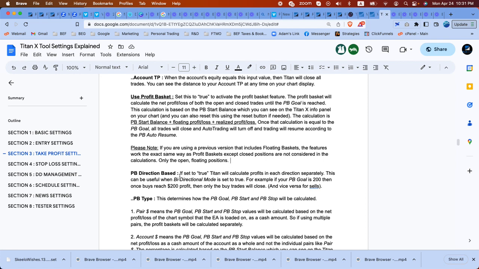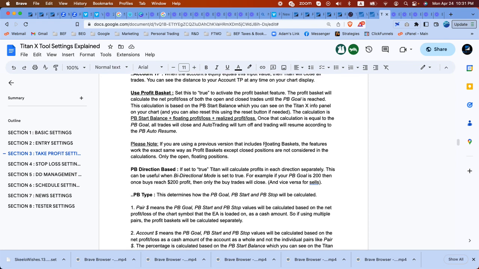So, in other words, you can actually use these profit basket settings to accomplish the exact same thing as any floating basket settings. Okay, so, you know, the floating baskets, what makes it different from the profit baskets is that there's no take profit or stop loss, so it's only closing trades based on the floating profits, right?